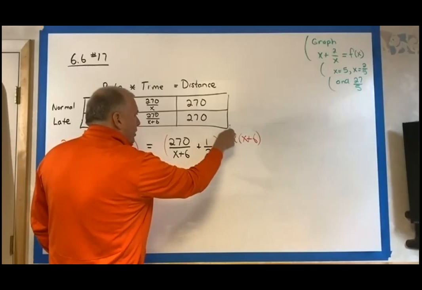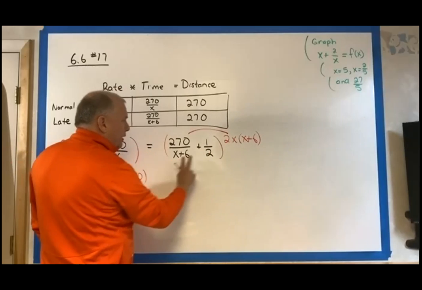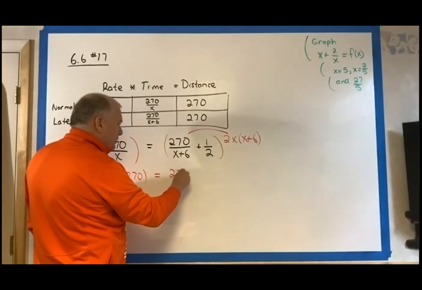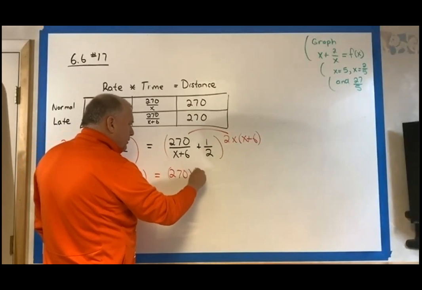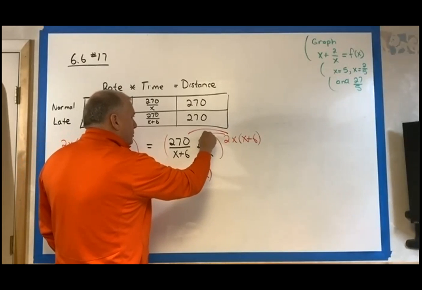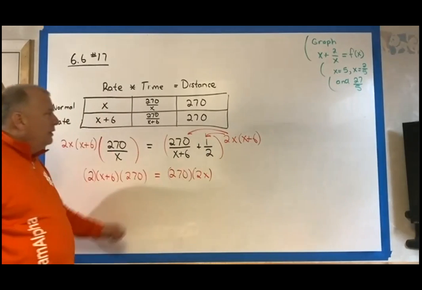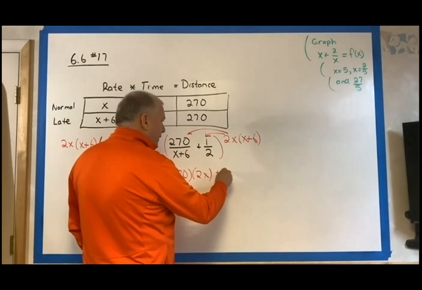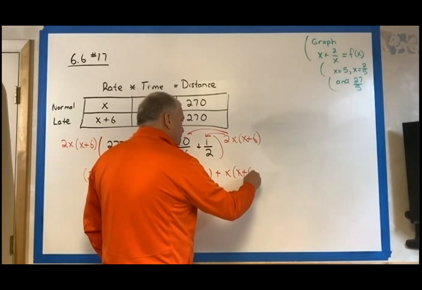This time I multiply first and I cancel an x plus 6. So I have 270 times 2x. Then I multiply here and I cancel the 2 and I have x times x plus 6.